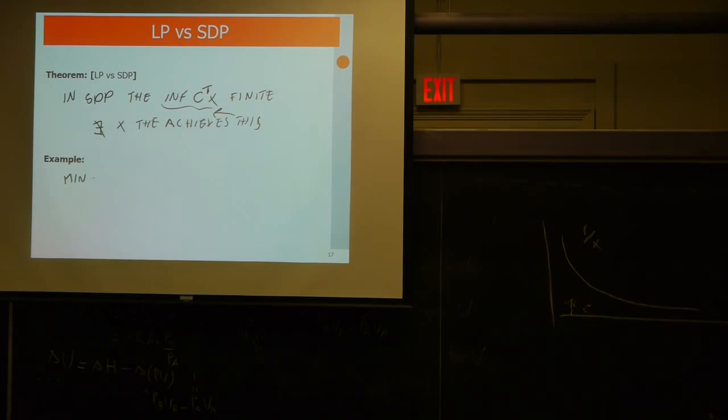So let's minimize x1. We will have two variables, x1, x2, and the constraint is that this matrix is PSD.